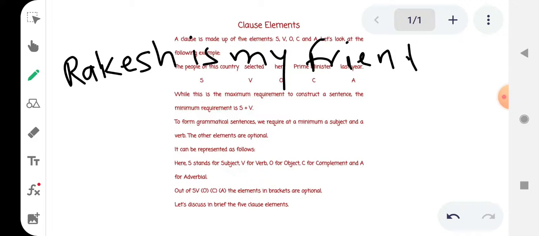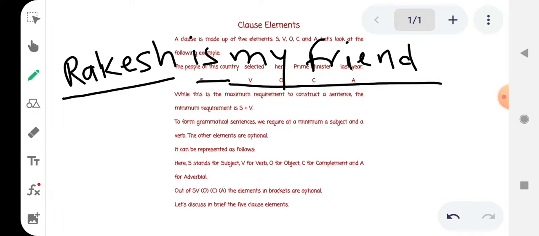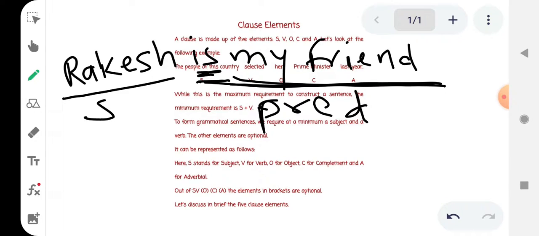Okay, in this sentence Rakesh is the subject and is is the verb, my friend is the complement. This is the subject and the remaining portion, including the verb, is called the predicate.